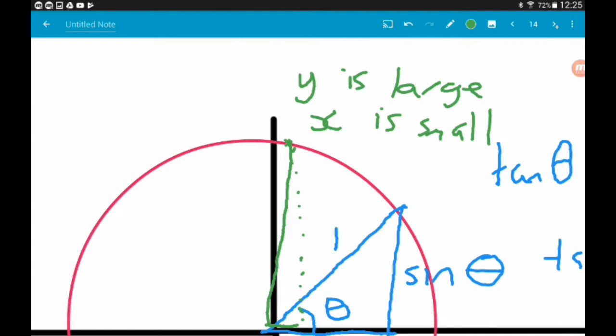So as we get closer and closer to touching the y-axis, this value, y over x, is getting bigger and bigger and bigger. Now we're going to get a problem when we touch the y-axis, but we'll talk about that in a moment.